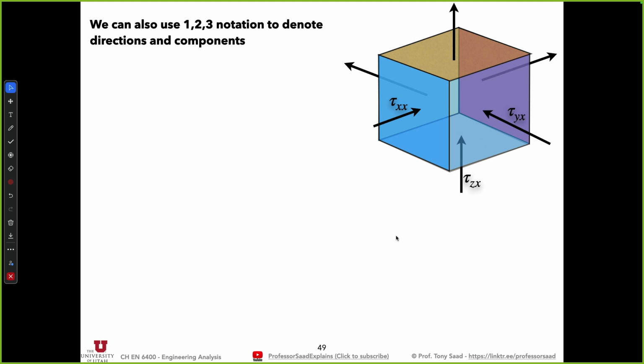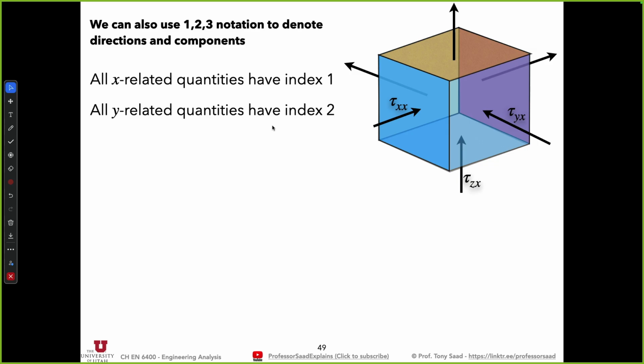Direction 2 is the second component in your coordinate system. So in a Cartesian system, this is y direction, and index 3 is your third direction, which is z in a Cartesian coordinate system. So if I use that notation for a Cartesian system, all x-related quantities have index 1, all y-related quantities have index 2, and all z-related quantities have index 3.